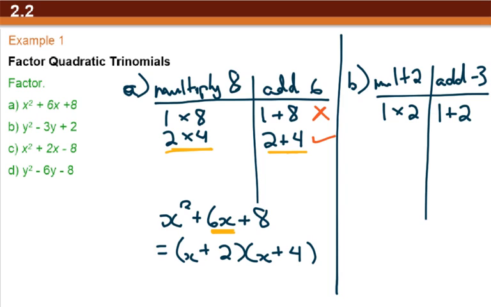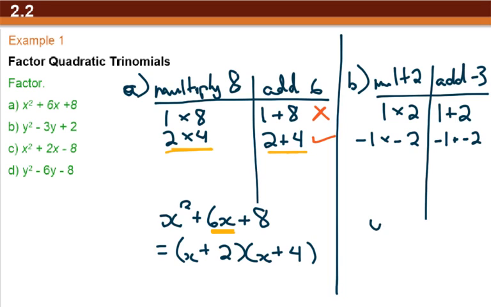So if we take a look back and do a second multiply and we try negative 1 times negative 2, those will still multiply to positive 2. Check the adding step, negative 1 plus negative 2, and those add to negative 3. So when you're going through this method, if you get the correct number but the wrong sign, change the signs on the items you have, and it should work out.